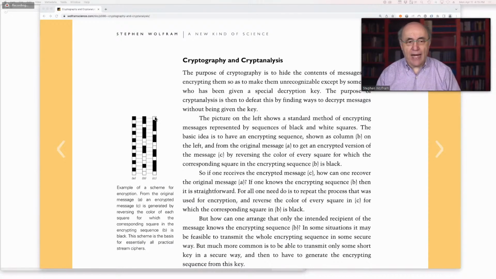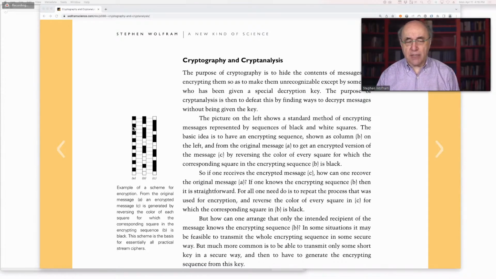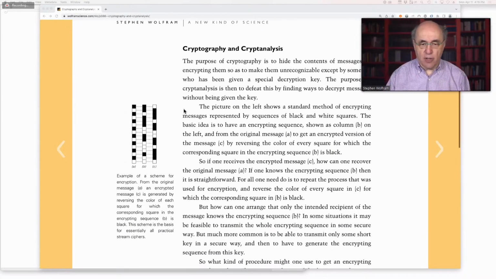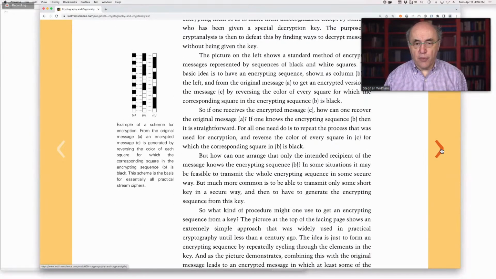And if I want to go back from the ciphertext, the encrypted message I transmit, to find out what the original message was, I just have to reproduce that quote-unquote random sequence from Rule 30 from the particular seed I'm using and XOR that with this to get back to the message. So that's a very straightforward way to do cryptography with the Rule 30 pattern.